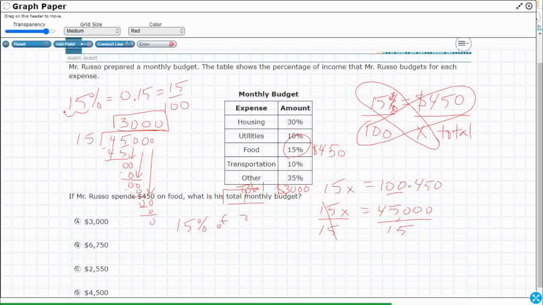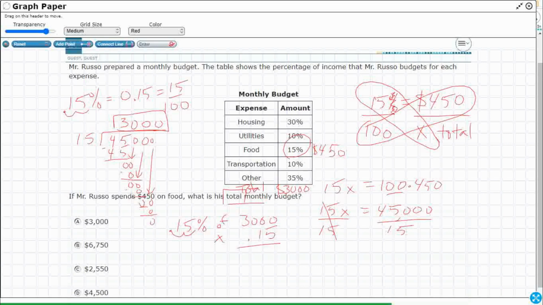of 3,000. Right, so I've got a few options there. I can do another proportion, but I also know that 15% is the same as 0.15, right? It's a decimal, and that means multiplication. So let me multiply this 3,000 by 0.15, which is the same as 15%.